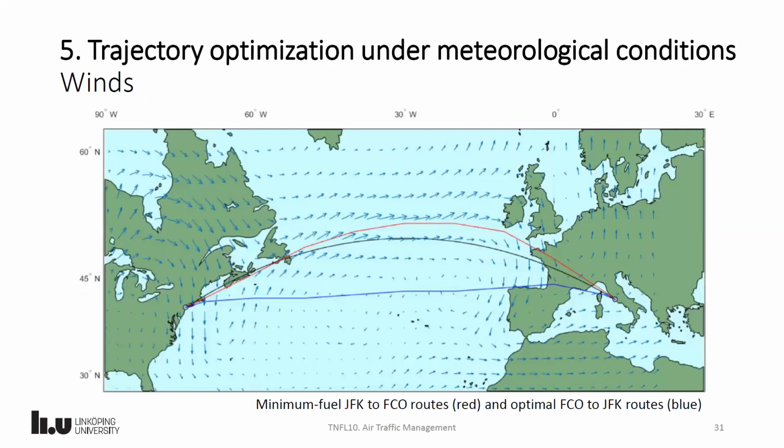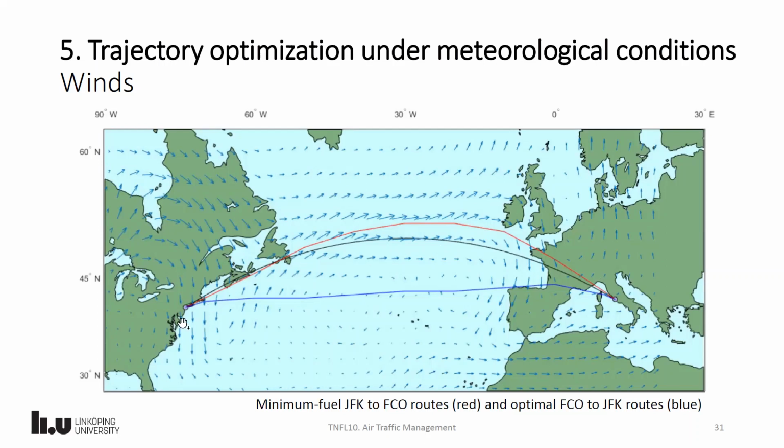This is an example of research that was done by studying minimum fuel trajectories over the Atlantic Ocean. What we see here in black is the shortest path between Rome and New York.